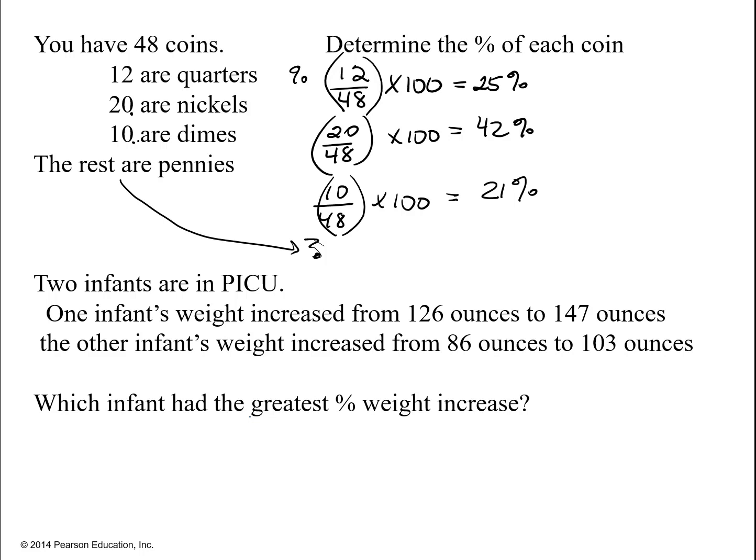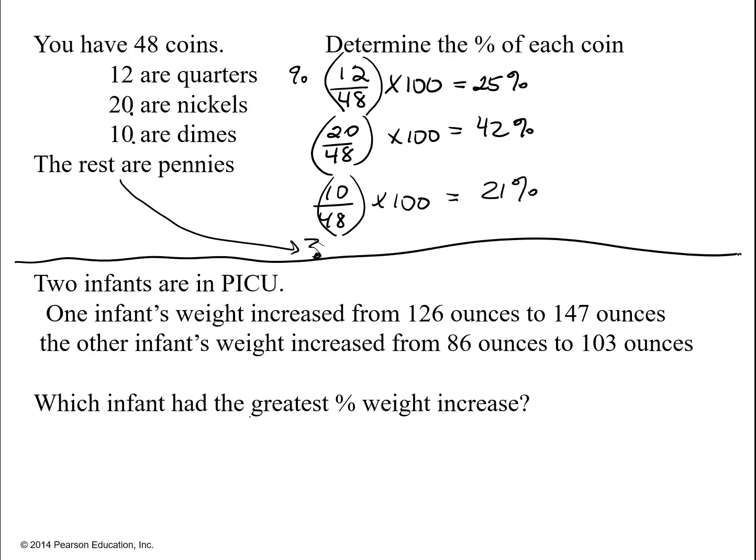Add all the percentages together and subtract from 100. Yeah, because remember, if it's a percent, the total is 100. So you could take 100 minus 25 minus 42 minus 21. Either way, it will work out fine. You could figure out the total amount because you know all the numbers of quarters, dimes, nickels, and pennies.